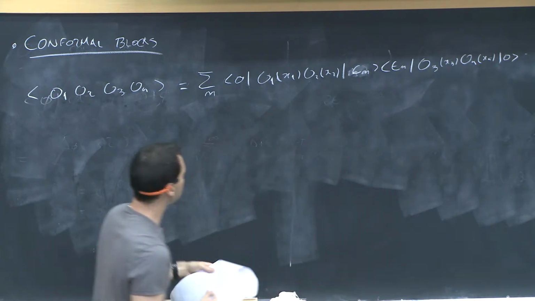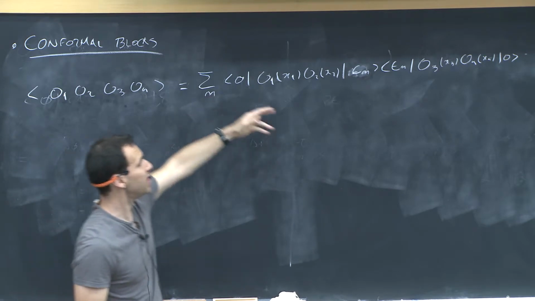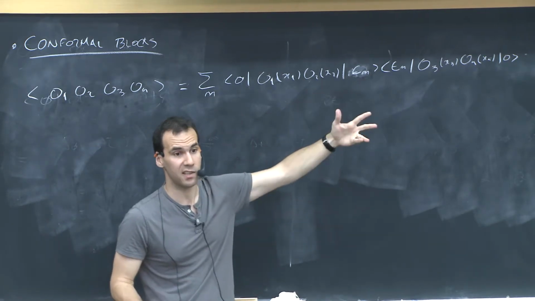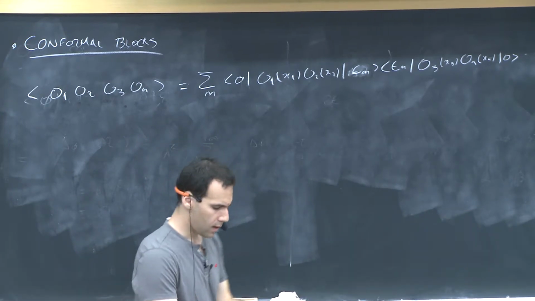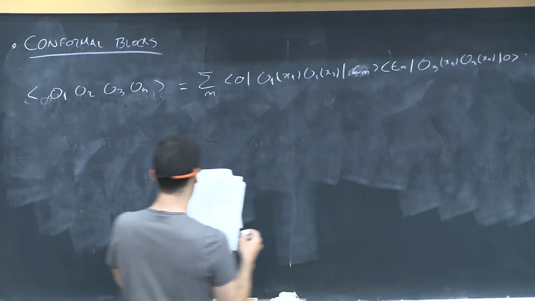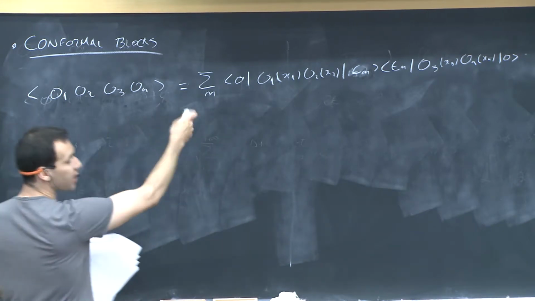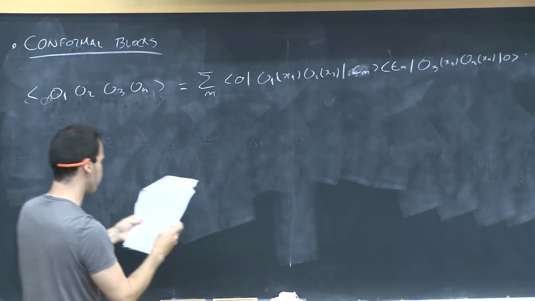So this is essentially what I wrote down before. It's the sum where you only care about the energy, so the scaling dimensions. You don't care if they're primaries. But you can reorganize this sum in terms of a sum over primaries and their descendants.